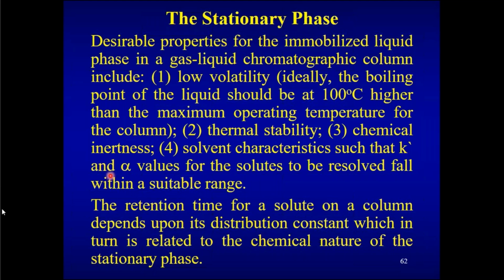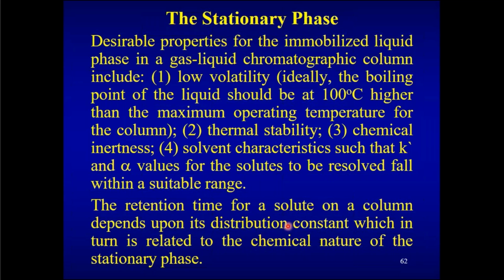K dash and alpha refer to the capacity factor and the separation factor. These are parameters used to evaluate the efficiency of separation, which we will also be seeing after instrumentation. So by changing the liquid stationary phase, you will be able to change the capacity factor and the alpha value. So you should get desirable K dash and alpha values when you're using a particular stationary phase. So these are the four desirable properties of a liquid stationary phase.